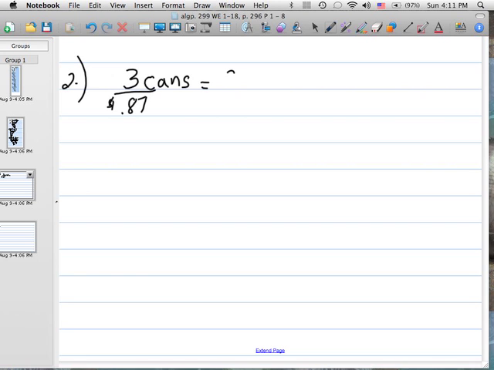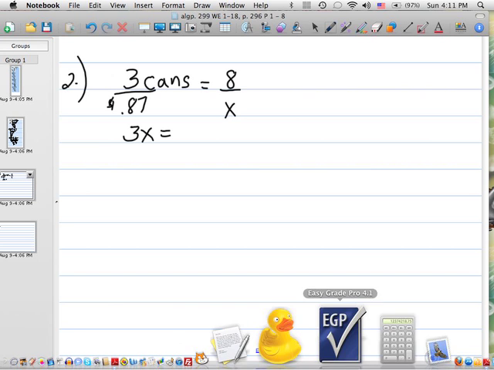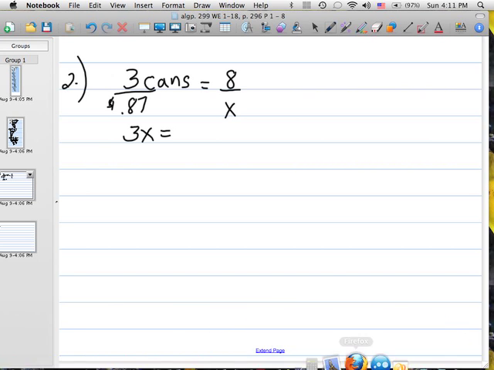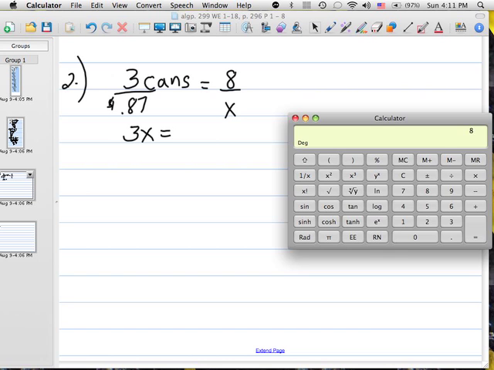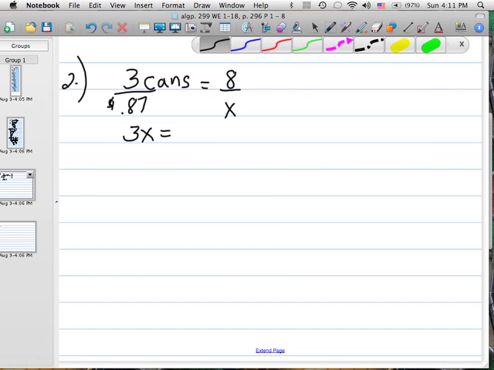They want to know how many 8 cans cost, so 8 will have to go on top. And we're trying to find the cost, so x is on the bottom. Cross products, 3x equals 8 times 87 cents. And that gives us $6.96. Divide both sides by 3. So the cost of 8 cans would be $2.32.